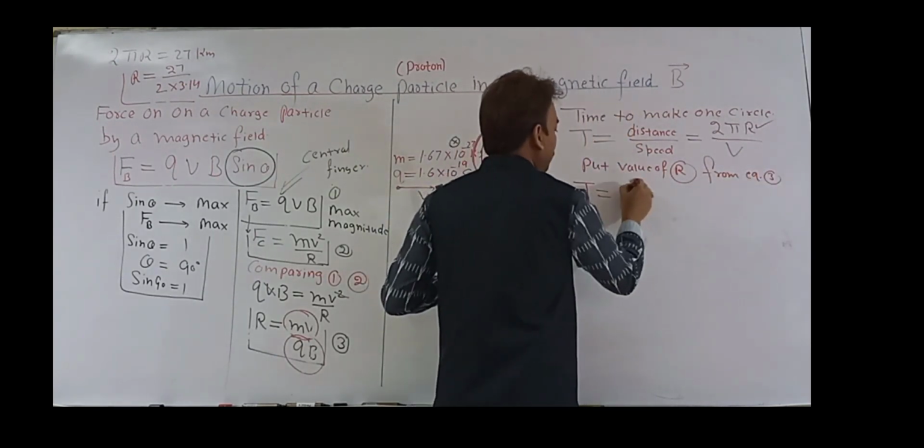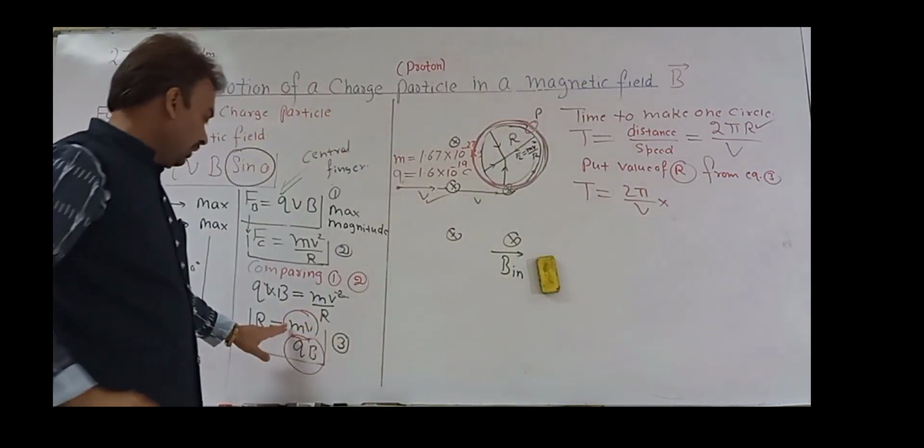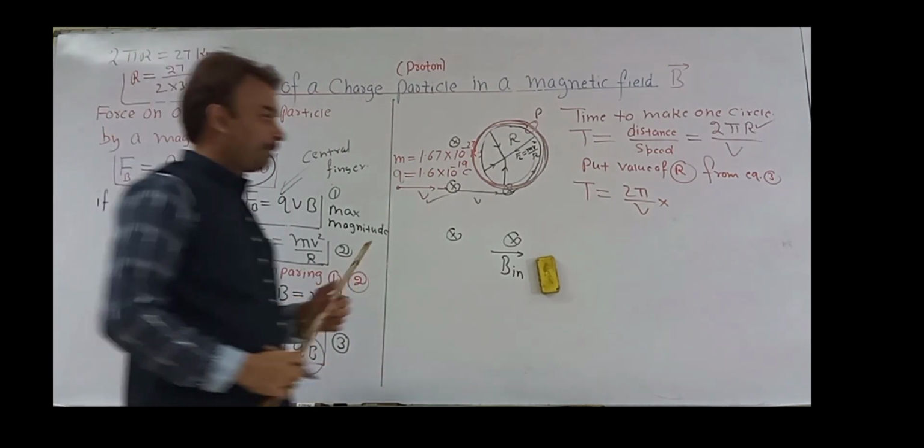So time will be equal to 2 pi divided by V multiplied by R, and R is mv upon qB.